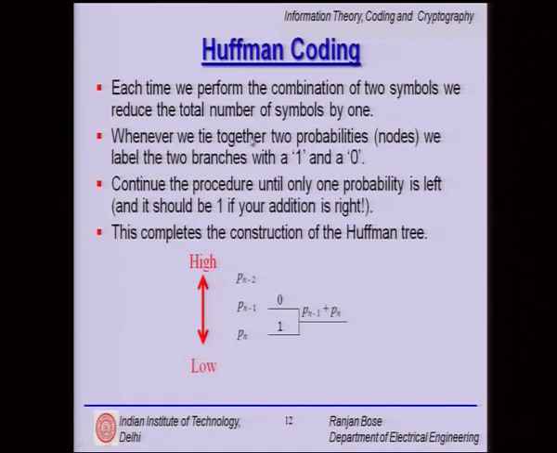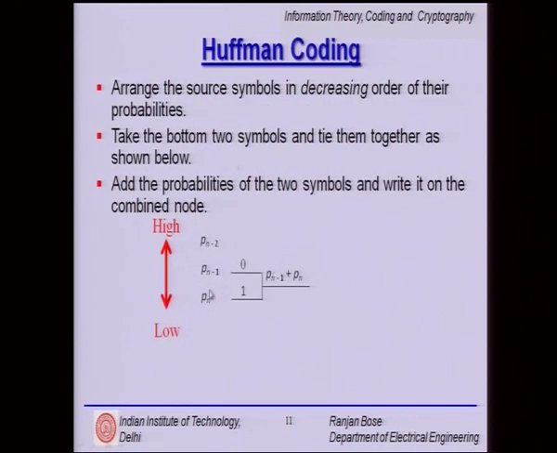Now, we repeat this step for two symbols at a time as we go along. For example, now Pn and Pn minus 1 together have formed one complex signal that becomes the lowermost, provided the sum Pn minus 1 plus Pn is still lower than Pn minus 2. Otherwise, you have to rearrange this complex symbol along the ladder and place it at a level where it is again in the decreasing order.